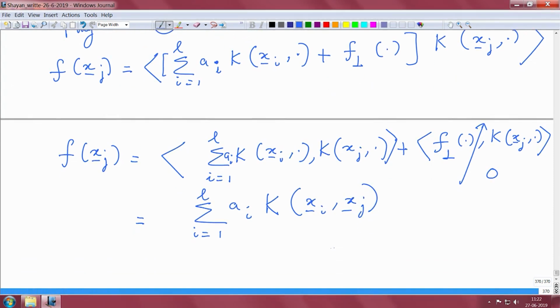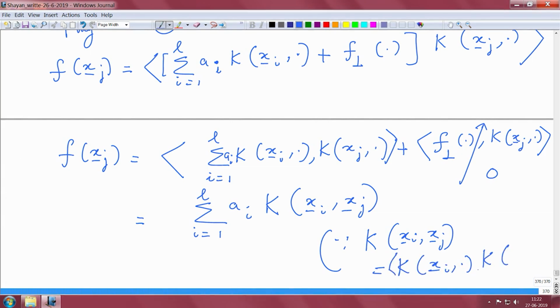So this is because k of xi comma xj is the inner product of xi with the data vector and xj with another data vector. That's our definition of the kernel in this form.